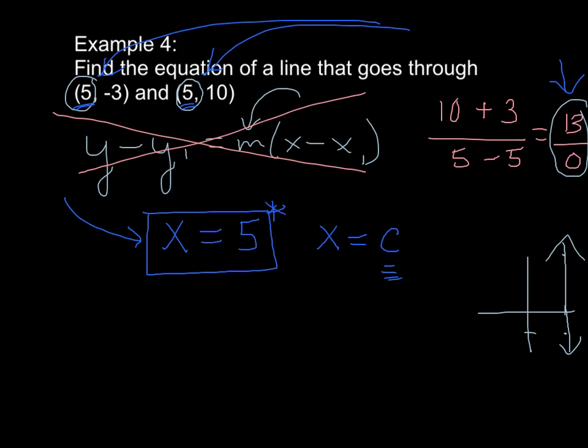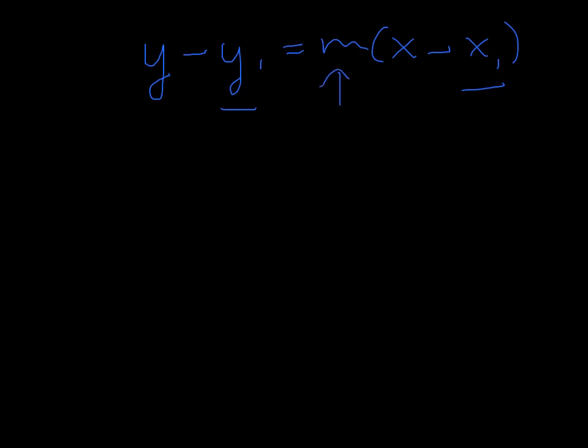So just to recap, when somebody asks you to write the equation of a line, you're most likely going to use this equation, where you're subbing out the x1 and the y1 with the point on the line, and you're subbing out the m with the slope.